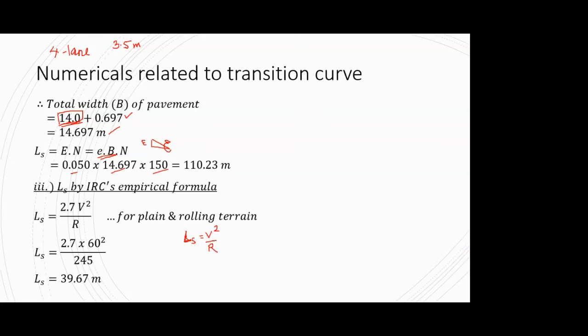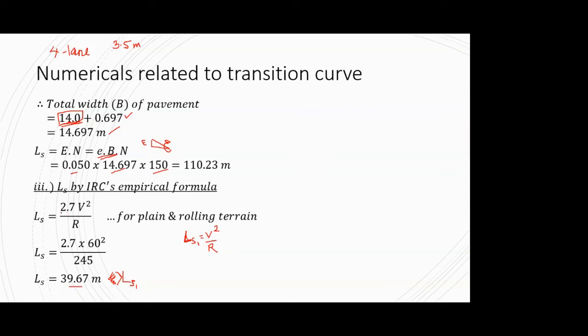But obviously, if we use this formula Ls is equal to V square upon R, the value is going to be less than this value. Whatever Ls we calculate, Ls1 if I say, will be less than the value that you have calculated here.